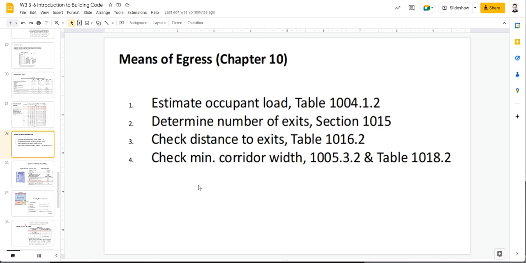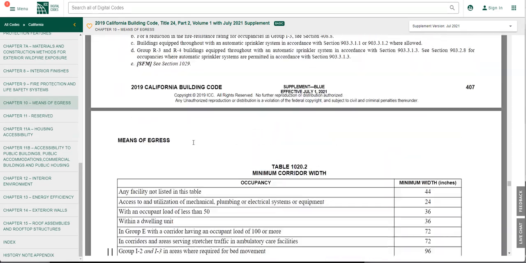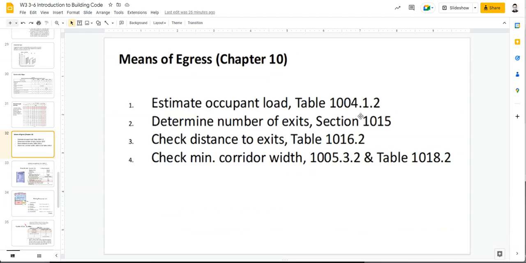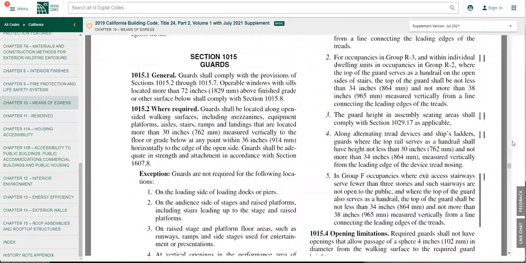And you can look this up individually, going to chapter 10 means of egress, and then you can look up all these subsections. This is 1020.5. Okay, so here's 1004.1.2. So 1004 is way up here.